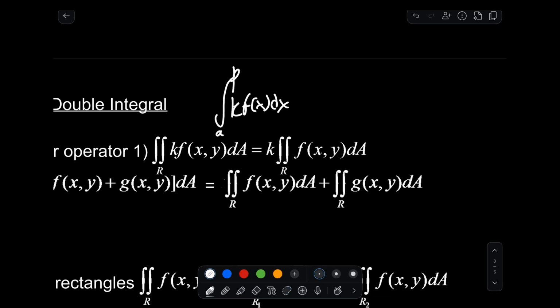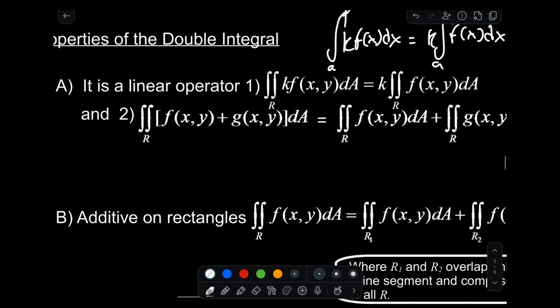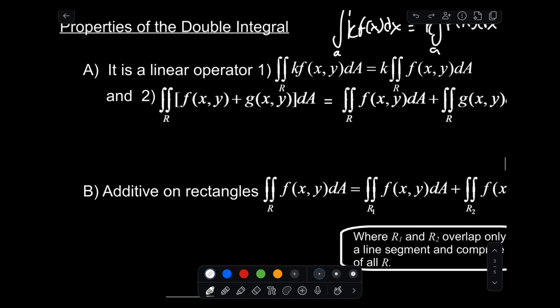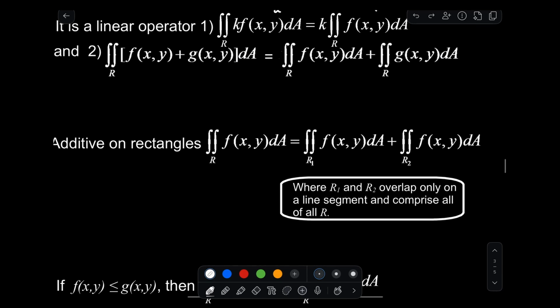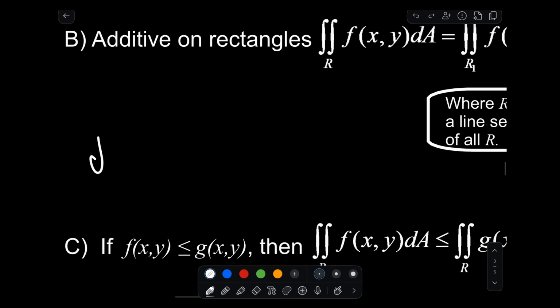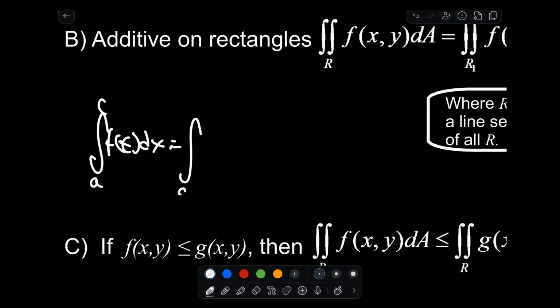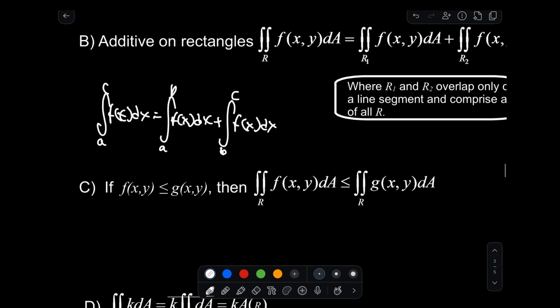This just equals k times the integral of f of x dx from a to b. We have two functions over the same region; you can split them apart, save some time. You can also add regions: the integral of f of x dx from a to c equals the integral from a to b of f of x dx plus the integral from b to c of f of x dx. You can just add these up and get your whole region.